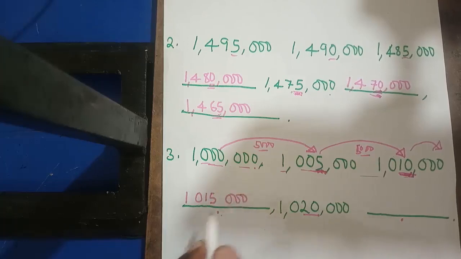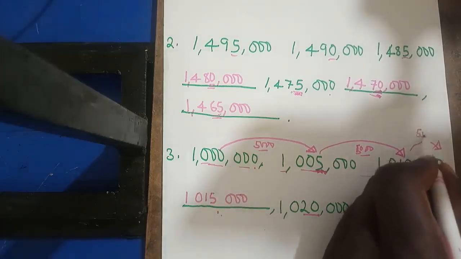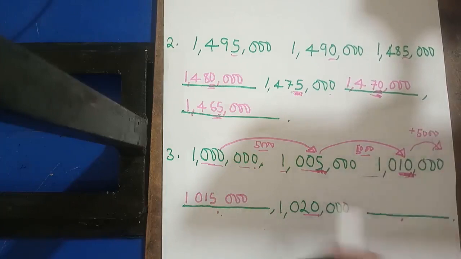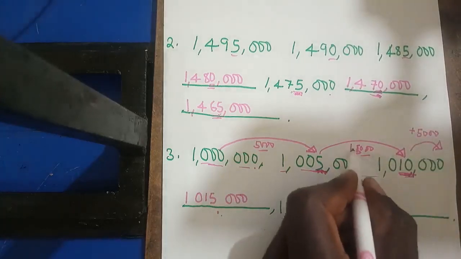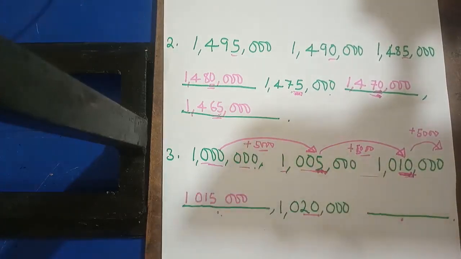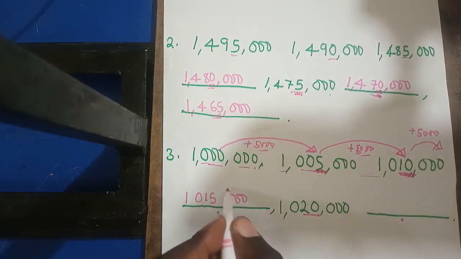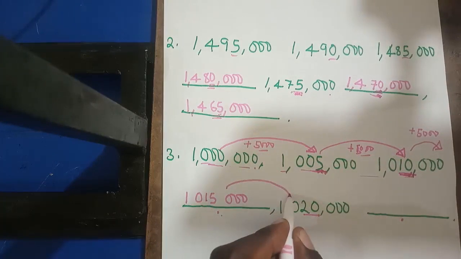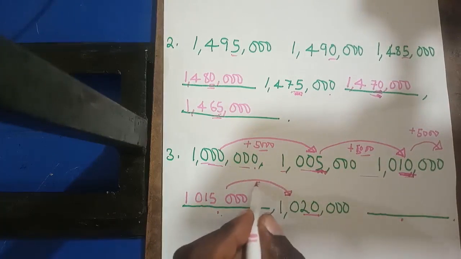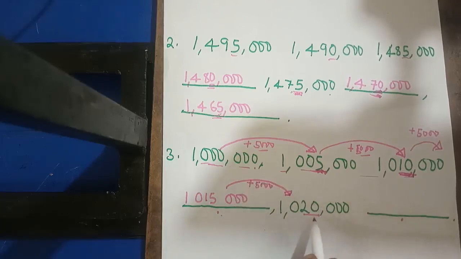Why? Because we have added 5,000, 5,000, 5,000. We are here now, 15. So 15, when we add 5,000, where are we going to arrive? We will arrive at 20,000 because we're adding the thousands.